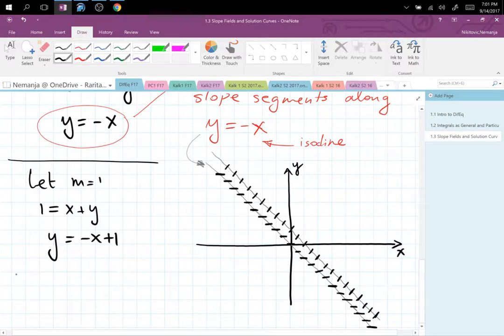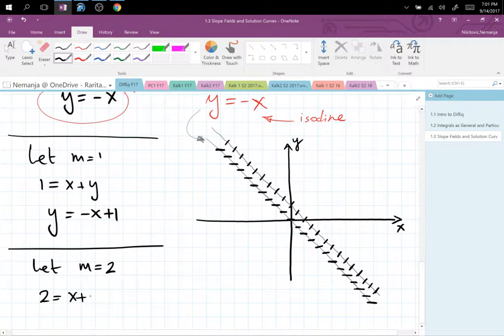Let m equal 2. So 2 equals x plus y, so y equals negative x plus 2. Yet another parallel line, but the lines slope more, so they're no longer perpendicular. Now they slant more up, not curve.